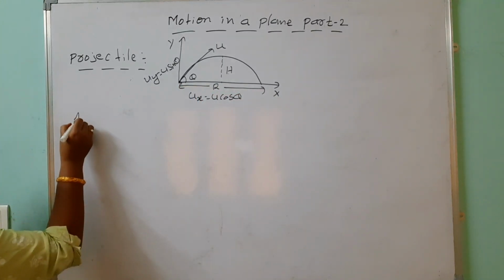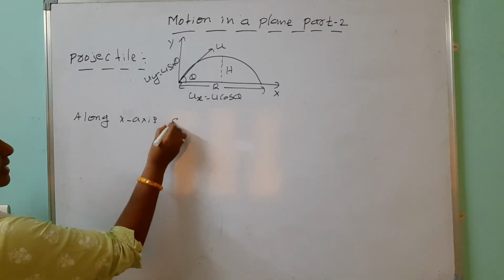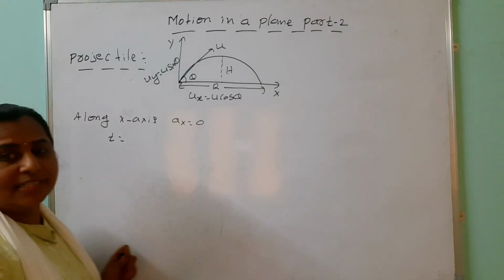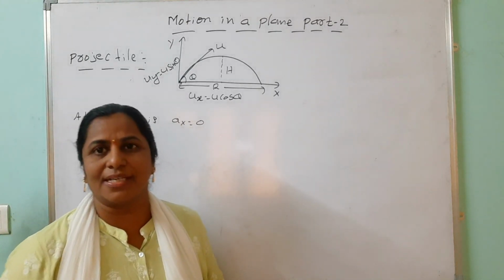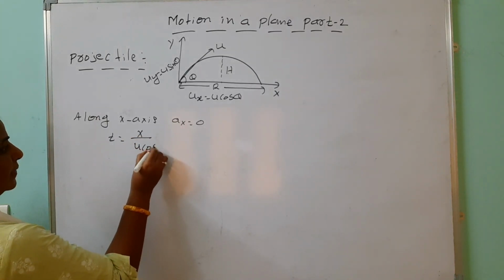Okay, along the x-axis acceleration is 0, and here you get the expression. I am just revising all these formulas because it is a crash course. T equals x by u cos theta.